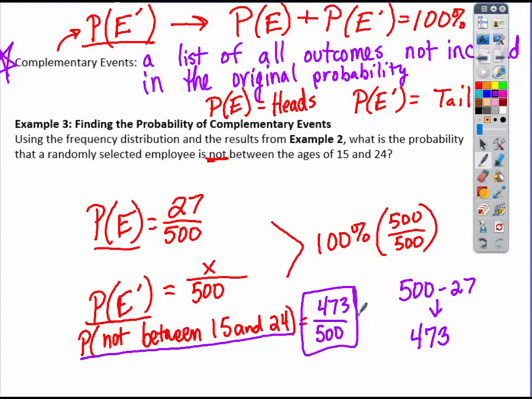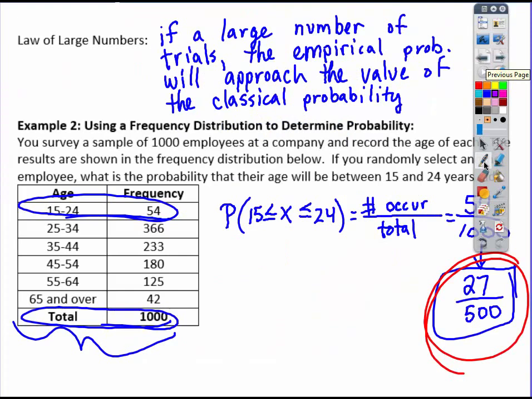Right? Now there's another way to do this in case you're still saying, well, Mr. Smith, that doesn't quite make sense. What's going on here? Okay, so we can go back a couple slides here. I want to find the probability they're not between 15 and 24. So I can still use the same frequency distribution and just add up all of these probabilities here.